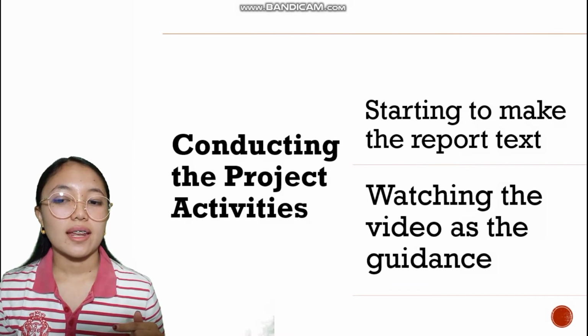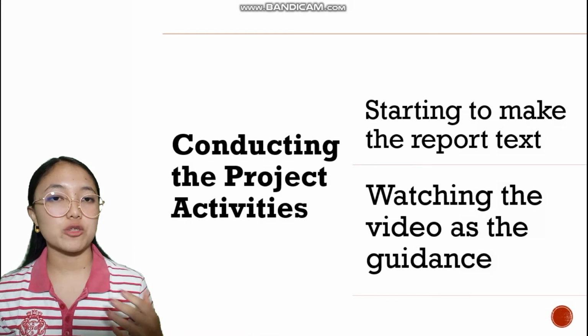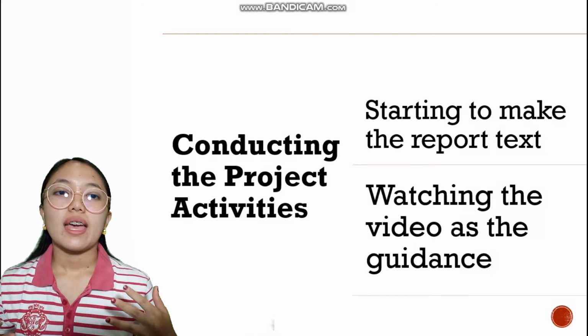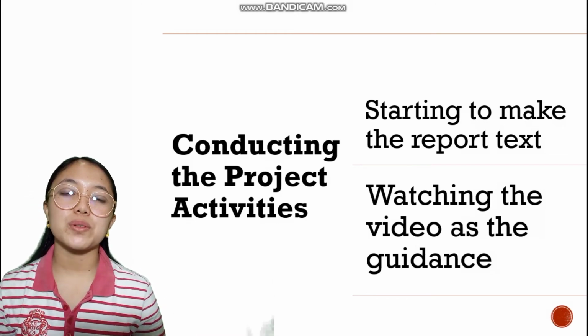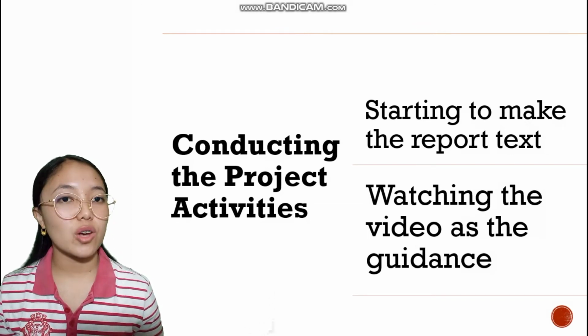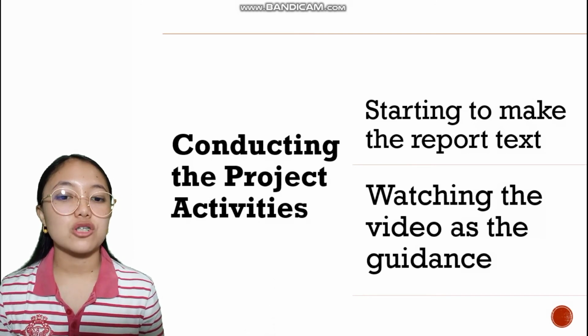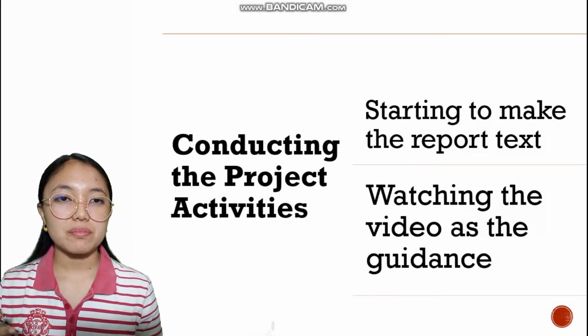And the next step is conducting the project activities. As what I explained to you before, at this stage, you have to implement the activities designed in the previous stage. So, in this step, you can start to make the report text.